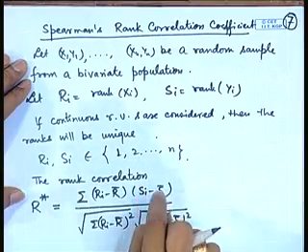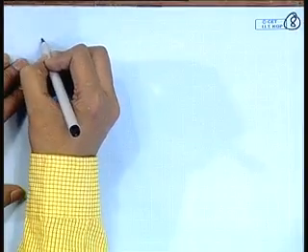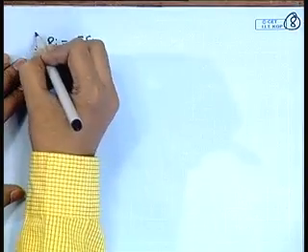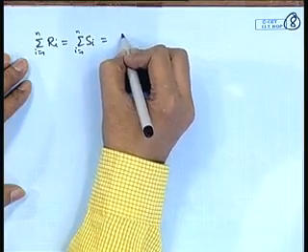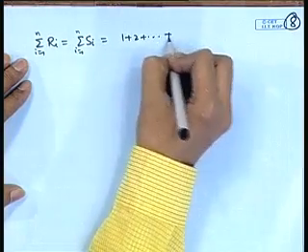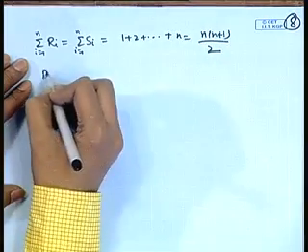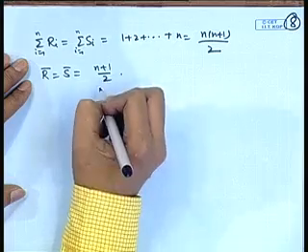Therefore, all these quantities can be actually evaluated. So, we can see here sigma Ri or sigma Si, i is equal to 1 to n, this is nothing but 1 plus 2 plus up to n, that is n into n plus 1 by 2. So, R bar and S bar, they will become n plus 1 by 2.